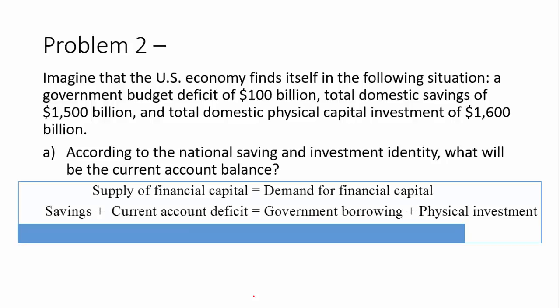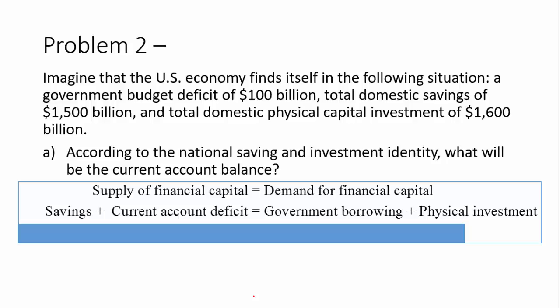So our account balance, there's a couple different ways of looking at this, right? In the book, it explains, and you can read it and see some examples as well. But here's a good example: there's the supply side of financial capital and the demand side of financial capital. On the supply side, we have savings, right? That's our own internal people, households and businesses that are saving.